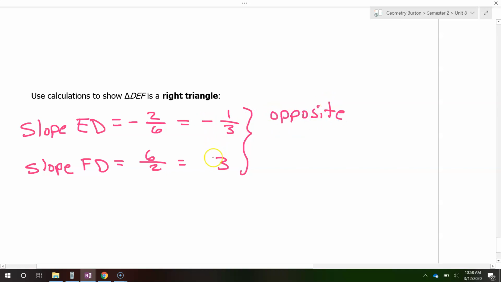That just means that one is positive and one is negative. And reciprocal, because this is 1 over 3 and this is 3 over 1. So since they are opposite and reciprocal, that means that they are perpendicular, which means that it is in fact a right triangle.